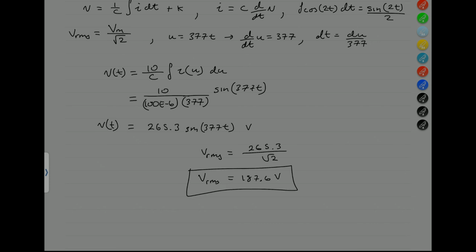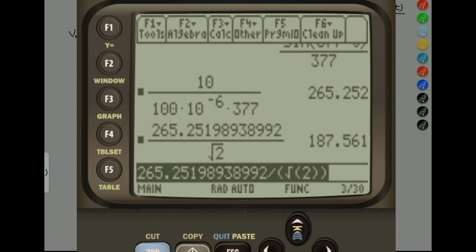So the RMS voltage is 187.6 volts. Our magnitude or amplitude of our instantaneous voltage is 265.3 volts.